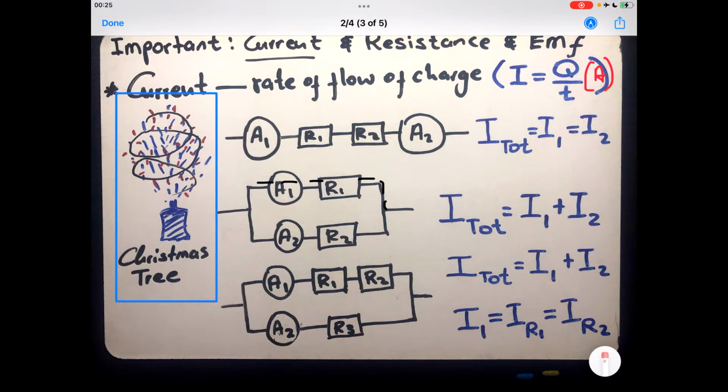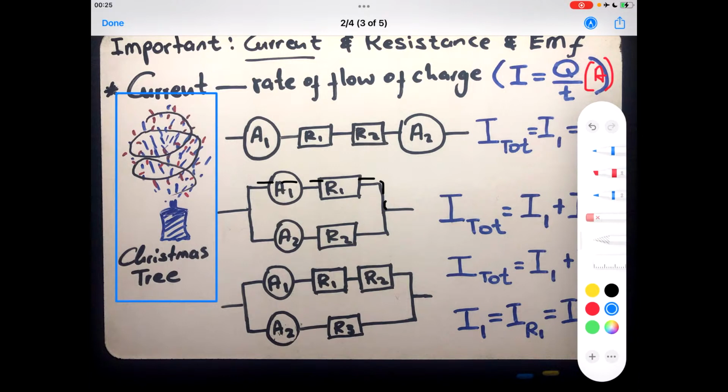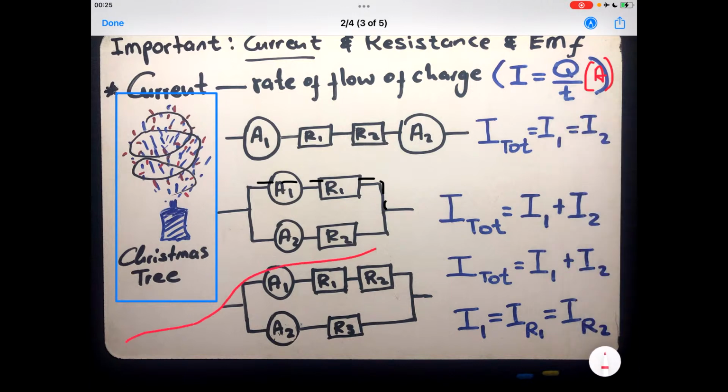Regarding the Christmas tree, what exactly did I want to say there? I think what I wanted to say was that every time you think of a series connection, think of a Christmas tree. This is the conductor, and then you have the light bulbs there, light bulbs there, light bulbs there. Can you see?